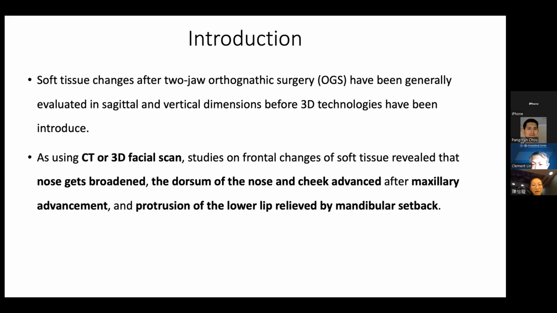As far as we have 3D CT and 3D facial scans now, studies on frontal changes of soft tissue reveal that the nose gets broadened, the dorsum of the nose and the cheek advanced after maxillary advancement, and protrusion of the lower lip is relieved by mandibular setback.